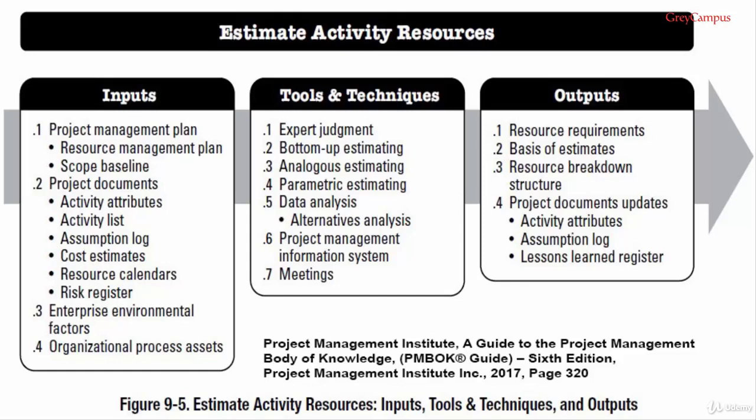Input number 2, project documents. These can be considered as inputs for the process. Activity attributes. If you remember back to the work breakdown structure, when we wanted to store extra information for work packages and planning packages, we stored that in the work breakdown structure dictionary. Then we created the activity list as an add-on chart for the work breakdown structure and decomposed work packages into activities needed to deliver them.